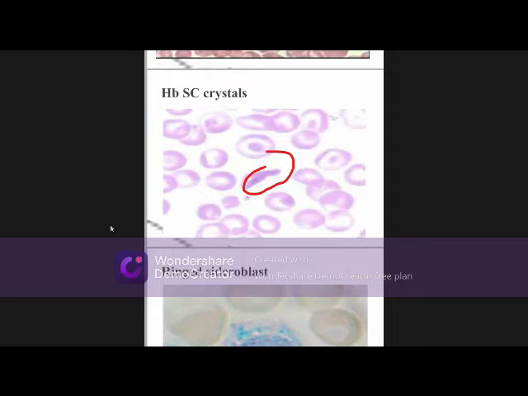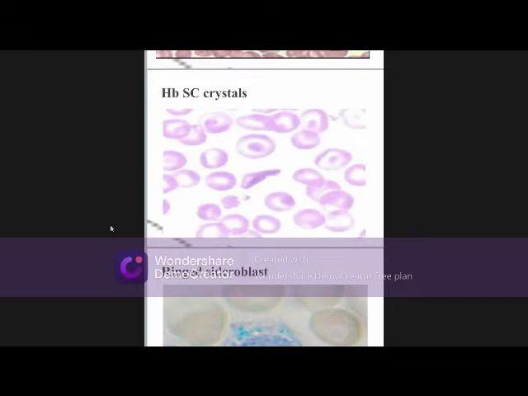Okay? Washington Monument-shaped like crystal. And it happens if you have hemoglobin SC disease. Don't worry, yung mga hemoglobinopathies na yan, we will further discuss it and elaborate this on finance.